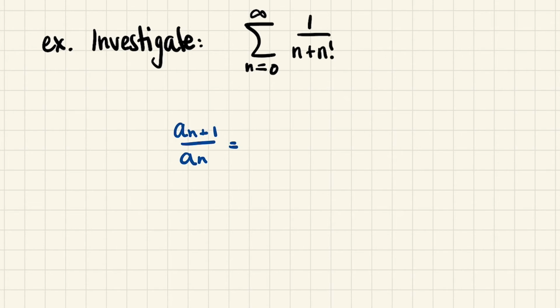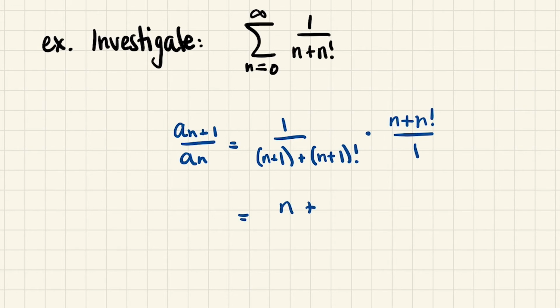Because this is what we'd have to take the limit of, right? So a_{n+1} would be 1 over (n+1) plus (n+1) factorial. And then we're multiplying by the reciprocal, so that would be n plus n factorial over 1 here. So this would give us something like this. Now, we'd really like to get a bunch of cancellations to occur so that we can take this limit.